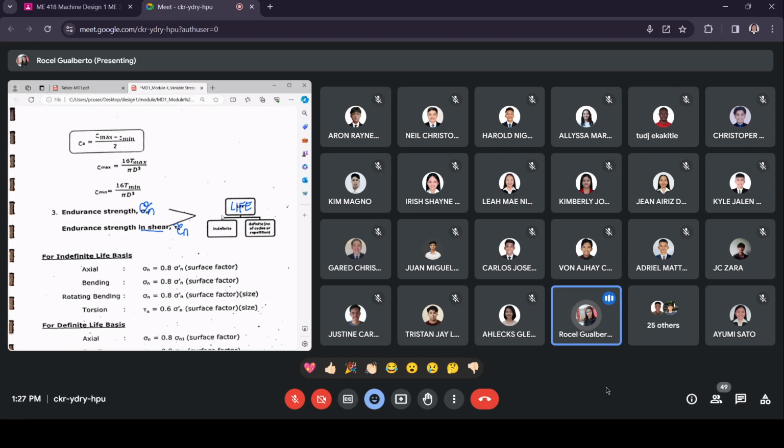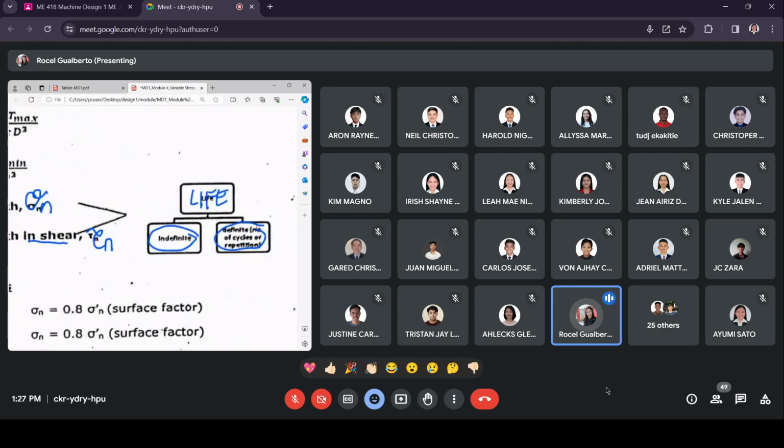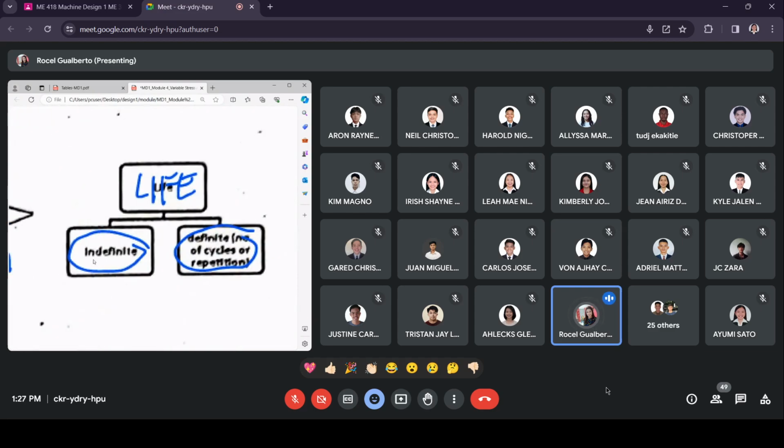So when we say life in terms of the material, we have the so-called indefinite, and the other one is definite. Indefinite means without limit, without end. You can use the machine member all throughout. Whereas definite means it can be used only up to its useful life, say defined as 10,000 cycles.